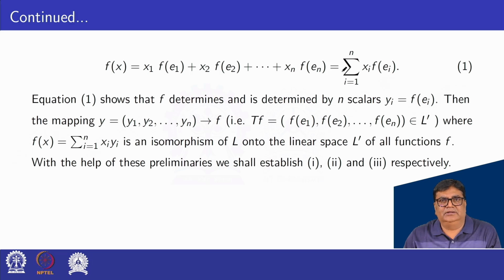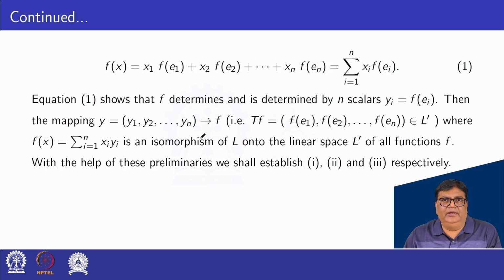That is, f(x) equals summation i equal to 1 to n of xi f(ei). Equation 1 shows that f determines and is determined by n scalars yi equal to f(ei). That is, y1 is equal to f(e1), y2 is equal to f(e2) and so on, yn is equal to f(en).